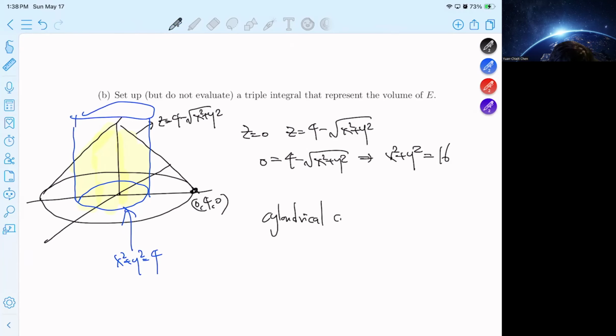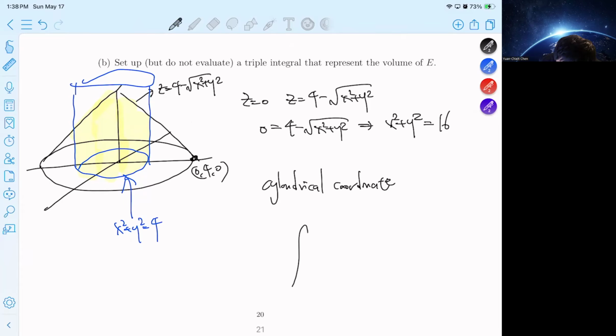So in this case, I always like to integrate z first. So z will go from where to where? We go from z to this part, right? So z goes from 0 to 4 minus x squared plus y squared. But now x is r cosine theta and y is r sine theta, where r is from 0 to 2, theta is from 0 to 2 pi.